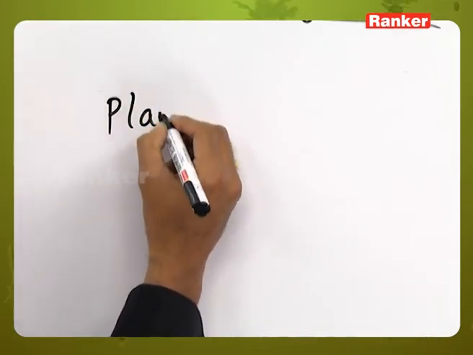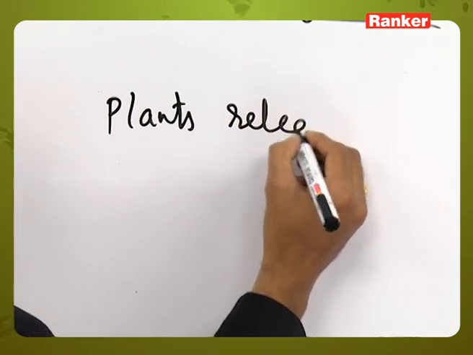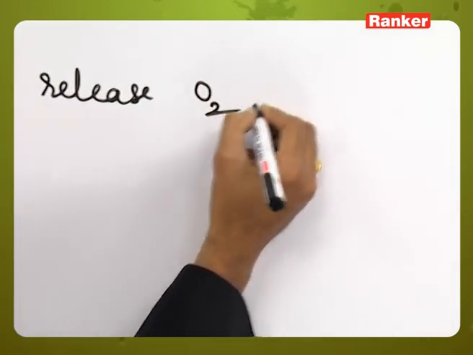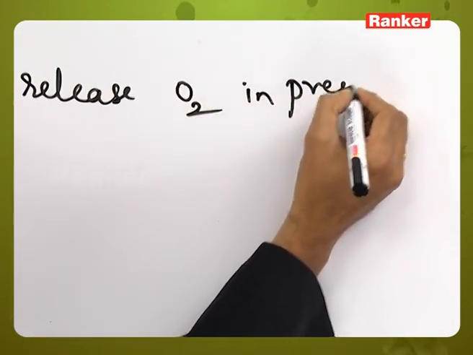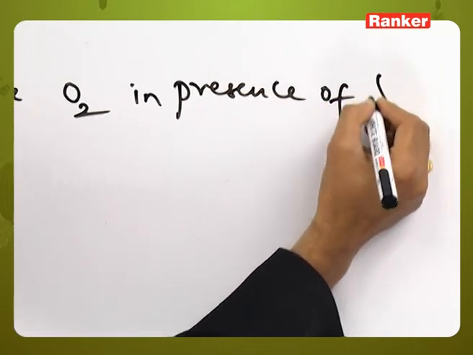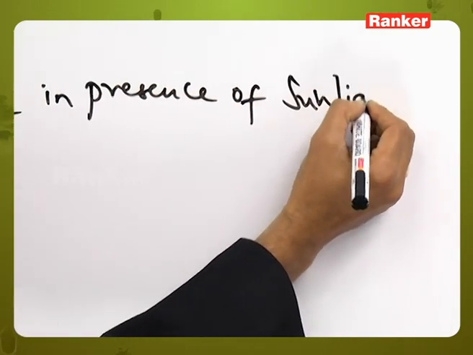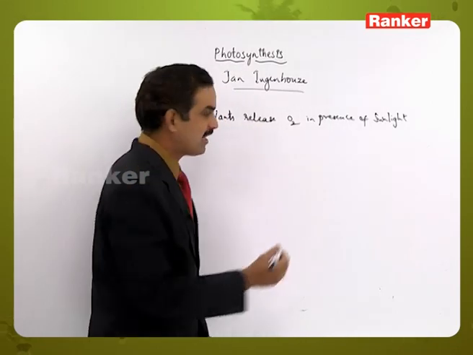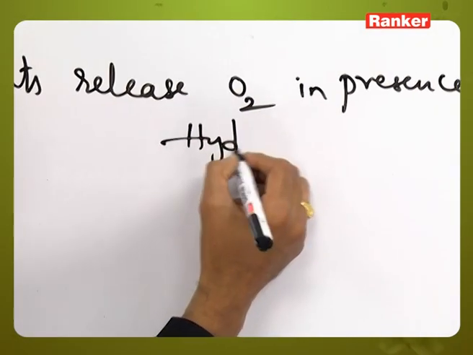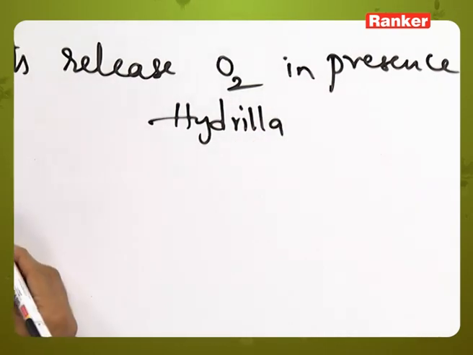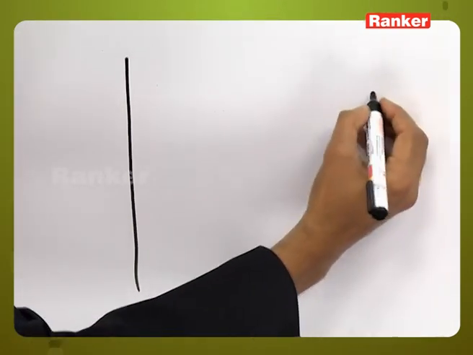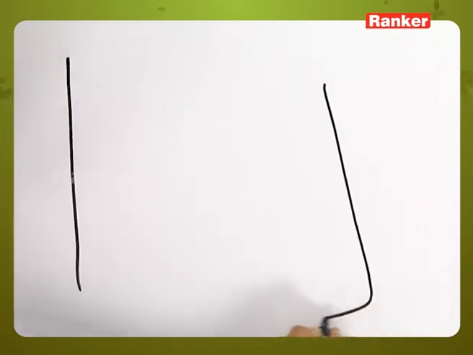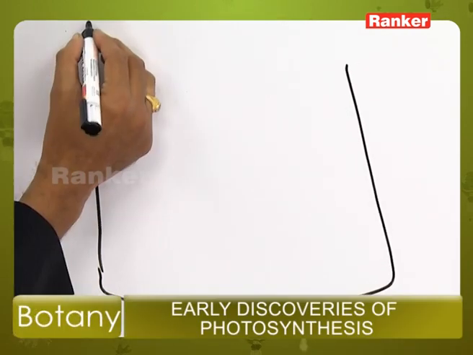The plants release oxygen in the presence of sunlight. So this was demonstrated by using a hydrilla plant. Here they had taken an apparatus with a small beaker.